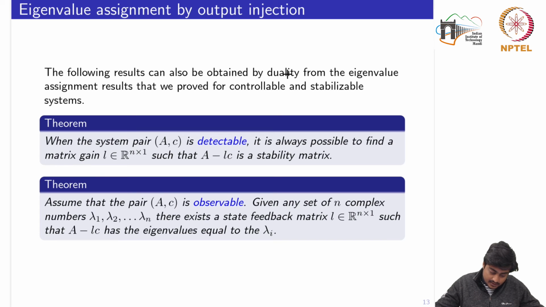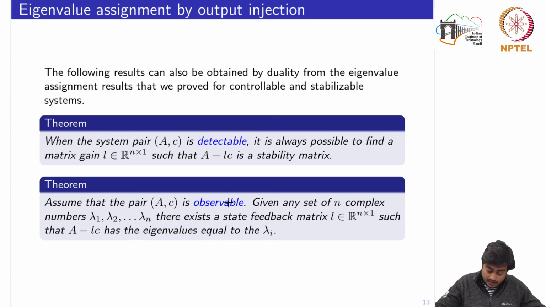So we can quickly see those results. One of the methods you would recall is the eigenvalue assignment approach. The following results can be obtained by duality from the eigenvalue assignment that we proved for controllable and stabilizable systems. First we see the observable case: assume that the pair A comma C is observable.